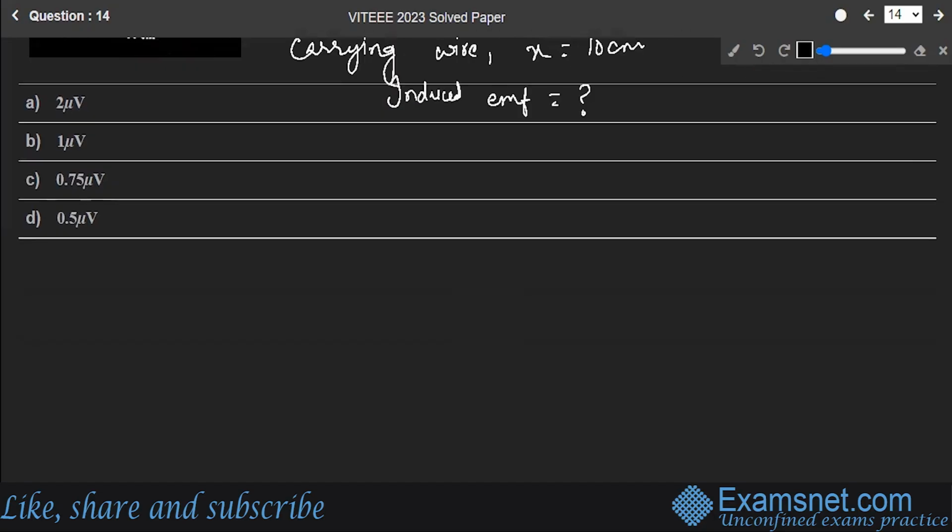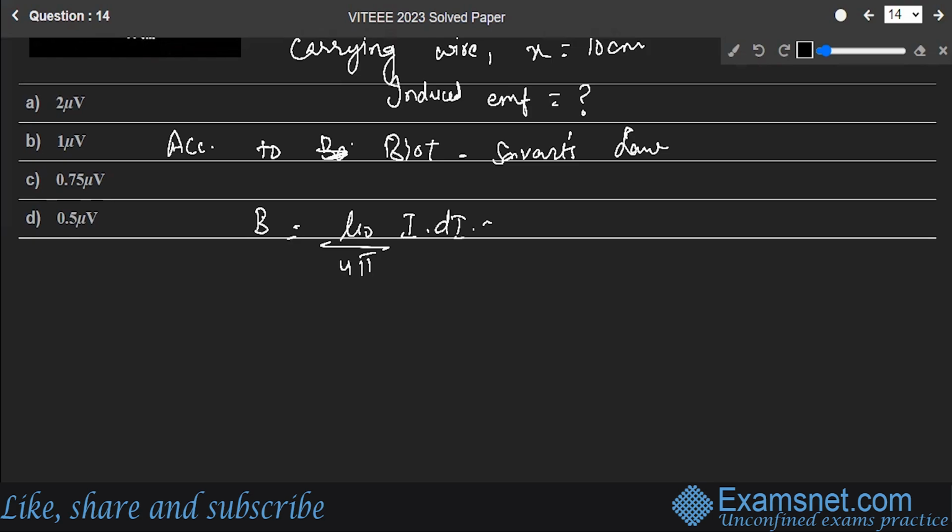So according to Biot-Savart's law, you have B is equal to mu naught upon 4 pi into I dl sine theta upon x squared.